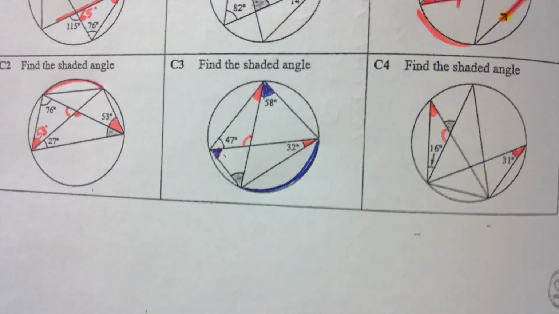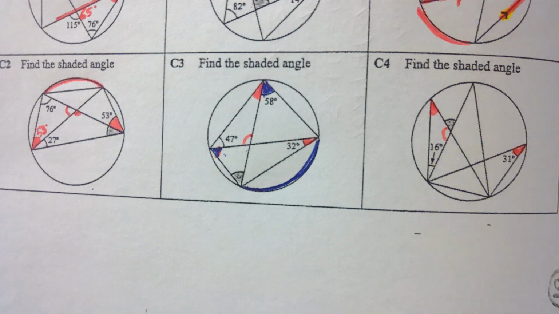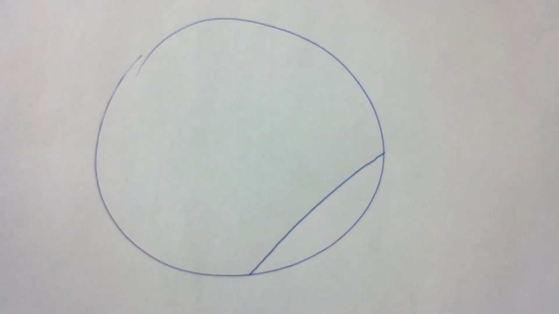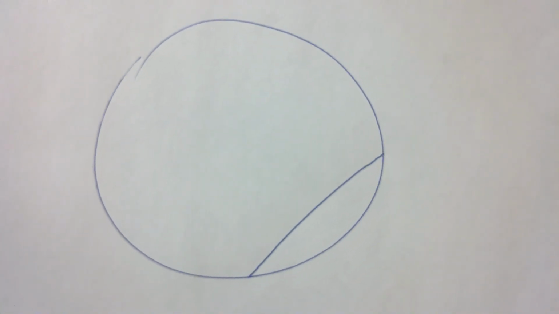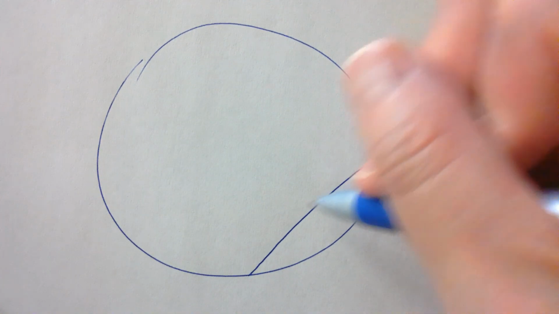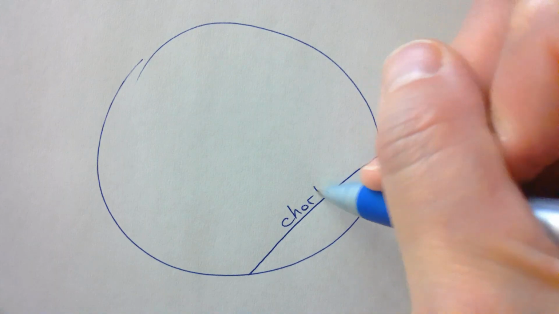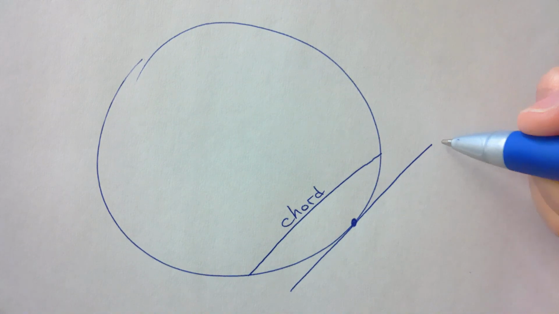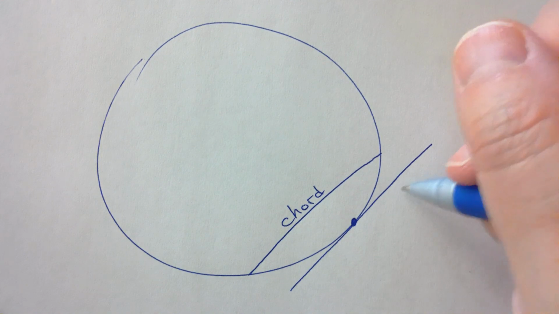Okay, so let's go over some quick review. What is this? What is that? Hannah? Chord. How do you spell chord? All right. What about this right here? Tangent.